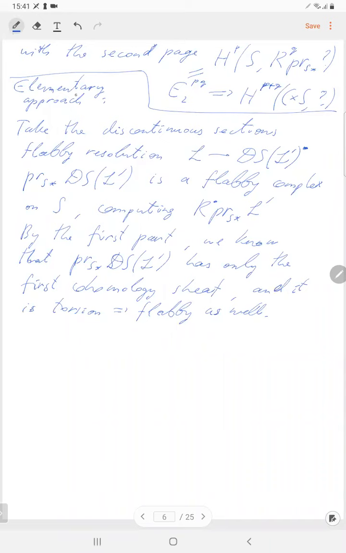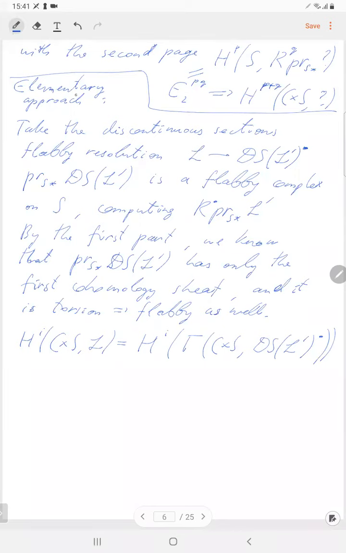now if we want to compute the desired global cohomology, then what do we see? That it can also be computed by the same resolution. So we take global sections of this Flabby resolution, L prime and L. Why L prime, not L?